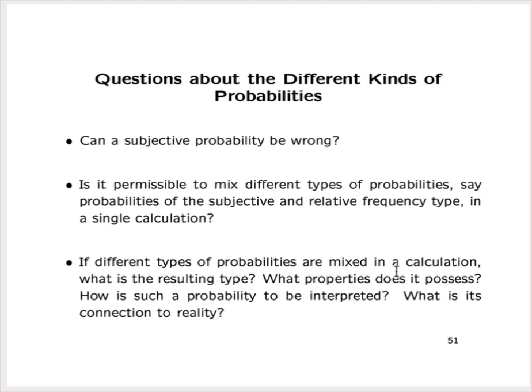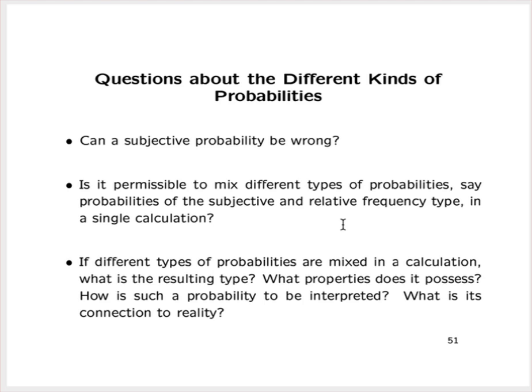I may have a different subjective assessment, but does that mean that your personal assessment is wrong? I'm not sure that would be valid for me to do. So that's an interesting question to consider: can subjective probabilities be wrong?